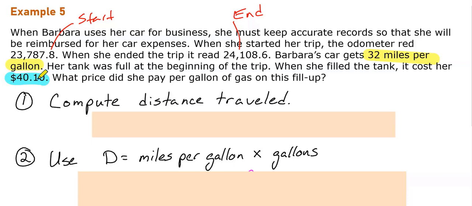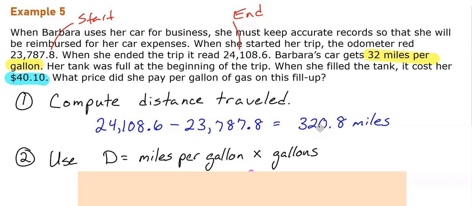So first thing we're going to have to do here is figure out how far she actually traveled, because that's going to tell us how much gas she used on that trip, because she started out with a full gas tank. You would just subtract where she started from where she ended, and that would give us 320.8 miles, which is what she traveled for work.